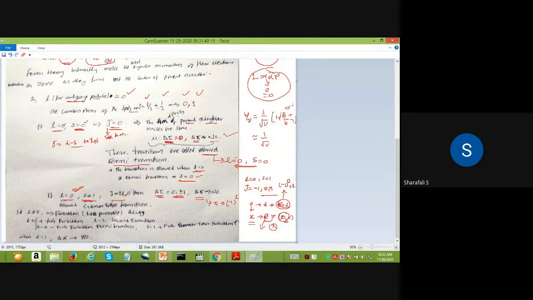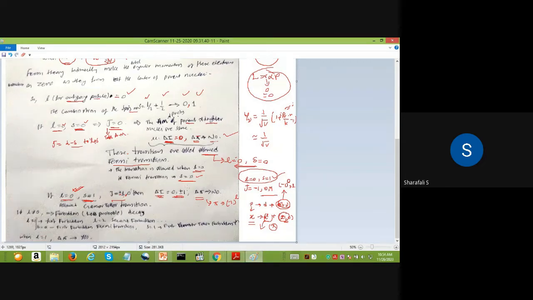So the total parity change between the parent and daughter nuclei will be 0, which means there is no change in parity in this particular reaction. And in this particular reaction, you have L equal to 0, but your S value equal to 1, S is not equal to 0. That kind of transition is not Fermi transition, because in Fermi transition the outgoing particle spin should be 0.